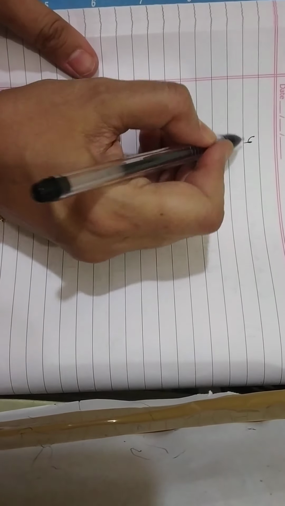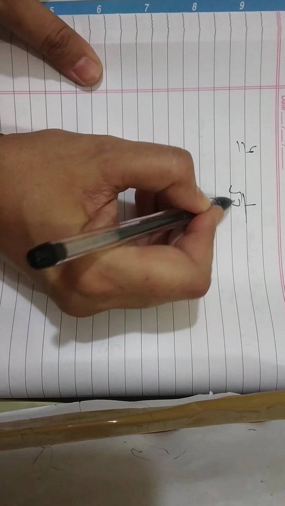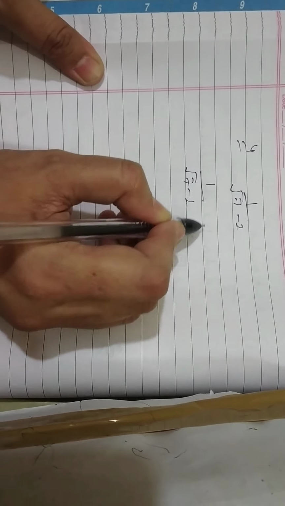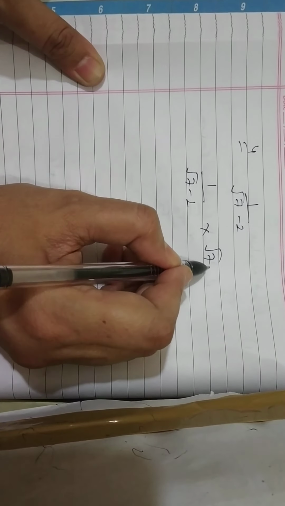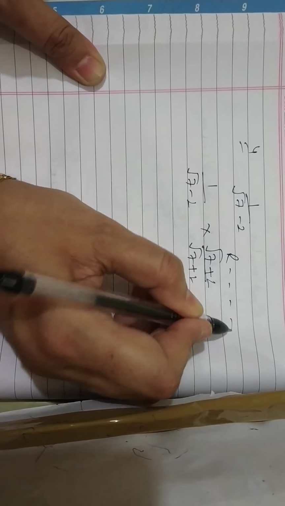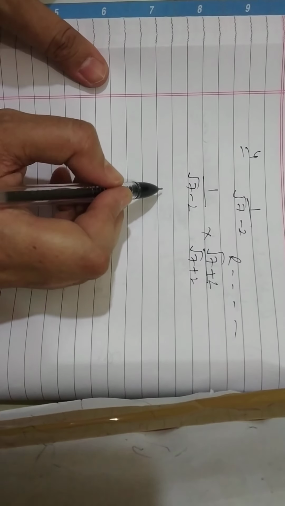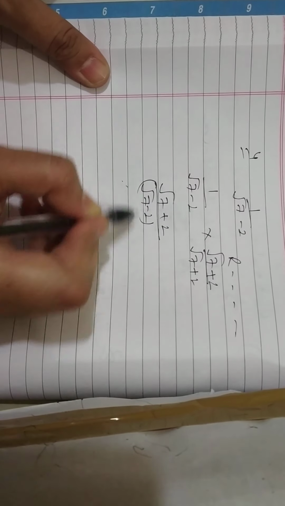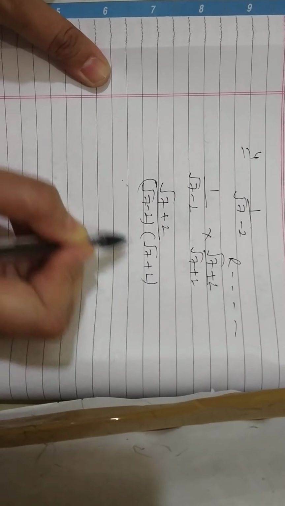Last problem we are going to see. Fourth, 1 upon root 7 minus 2. So what will be the conjugate of this? Root 7 plus 2, root 7 plus 2. Every time you are supposed to write rationalizing the denominator. So the numerator will be the same. Here root 7 minus 2, root 7 plus 2.